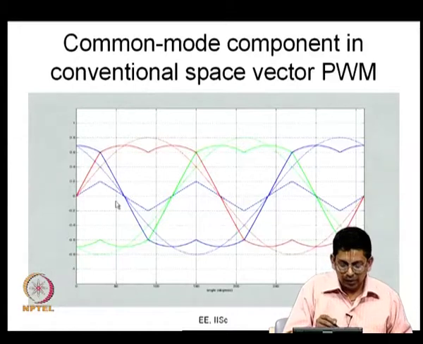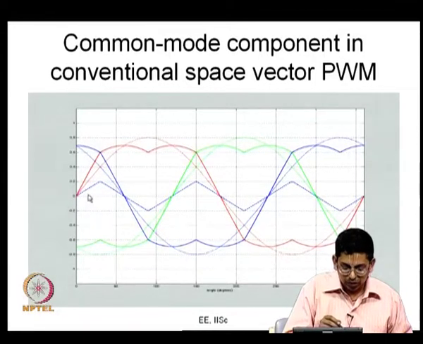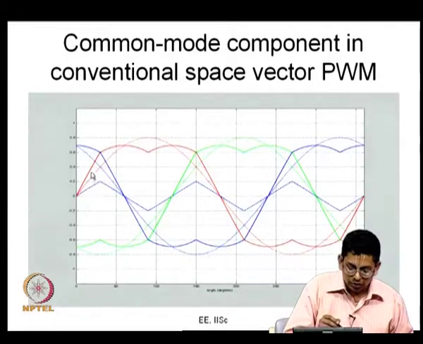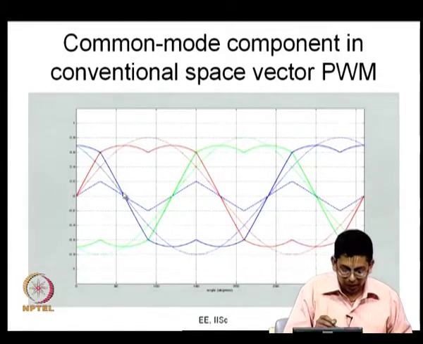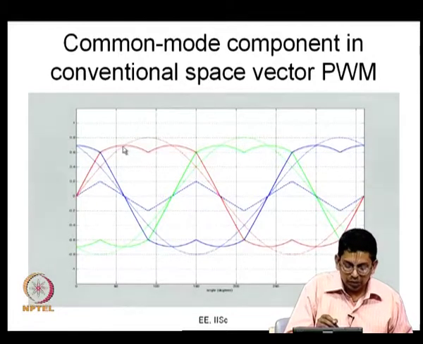When I add up these two, the R phase waveform and this common mode component, since the common mode component is positive here, MR star is greater than MR, and at this instant, which is actually 60 degrees, common mode component is 0. At that instant, MR star is equal to MR.